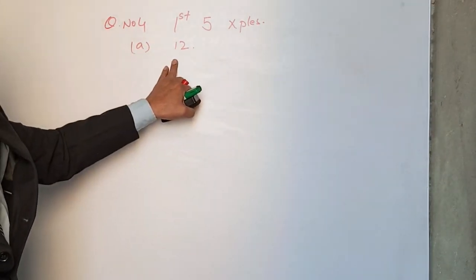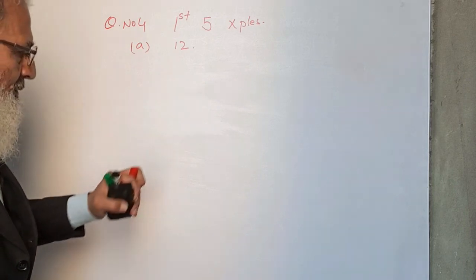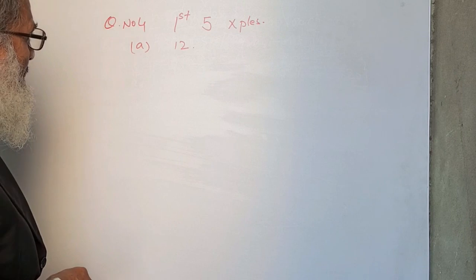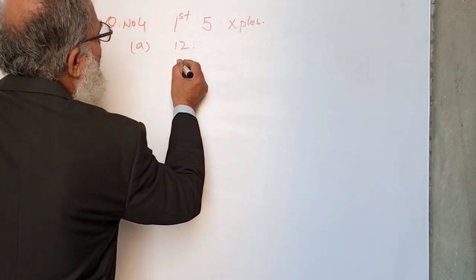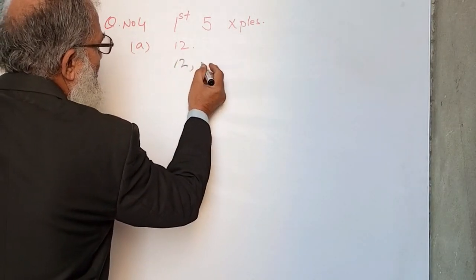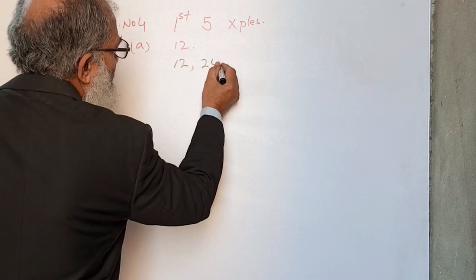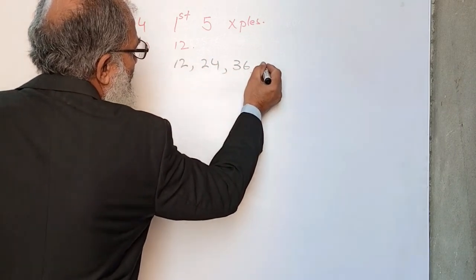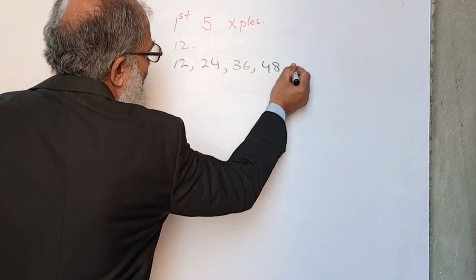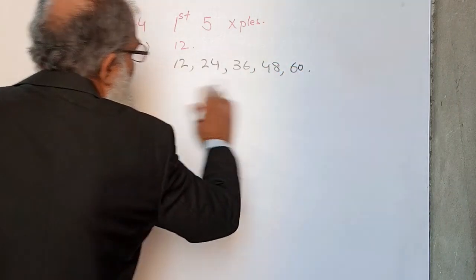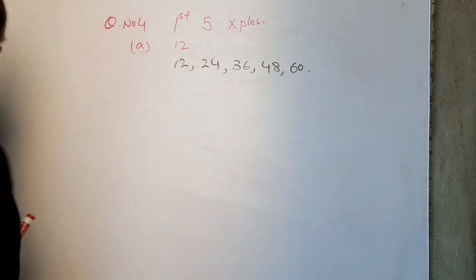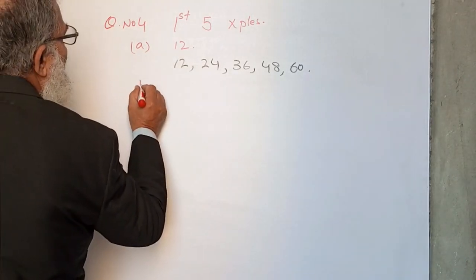So we have to write the first 5 multiples of 12. So the first multiple is 12, 2 times is 24, 3 times is 36, 4 times is 48, 5 times is 60. Now these are the first 5 multiples of 12.